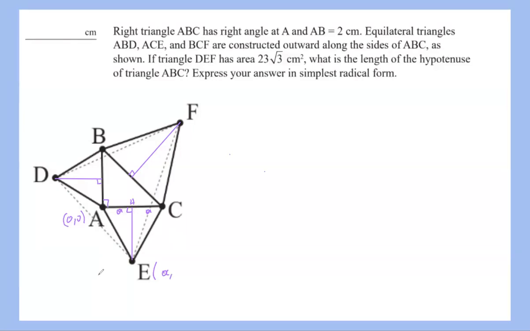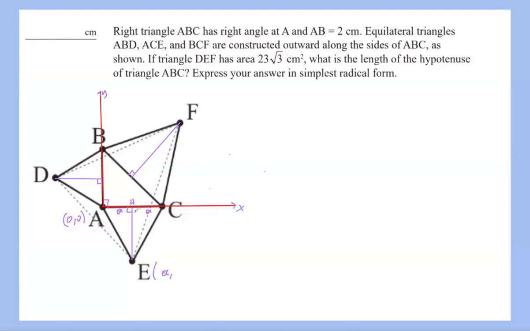Maybe I should make it a bit more obvious, so let me draw this as my x-axis and this as the y-axis. So now we have the coordinates: this is y, and this is x.